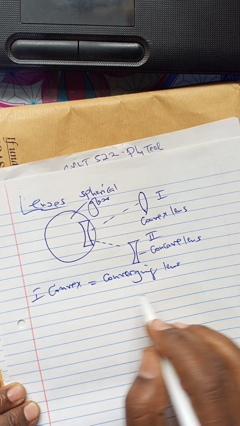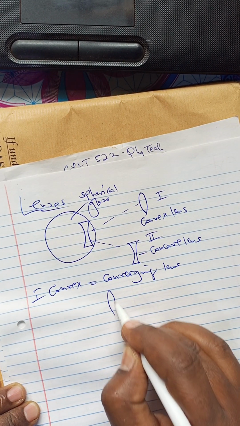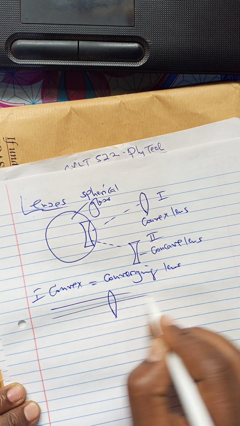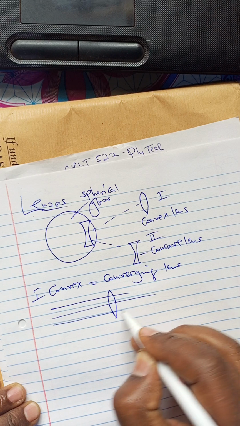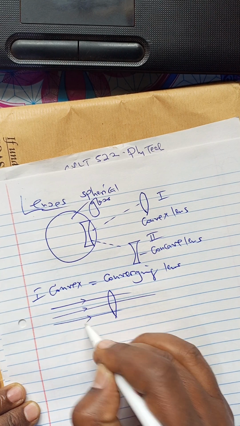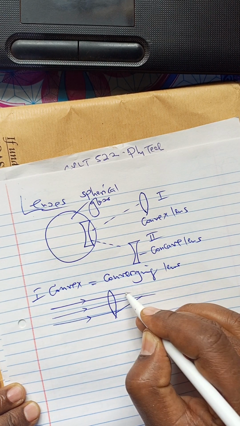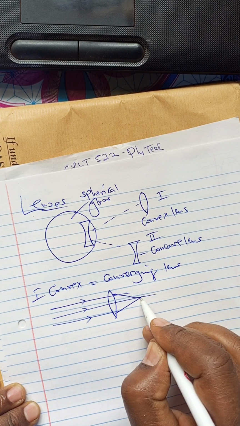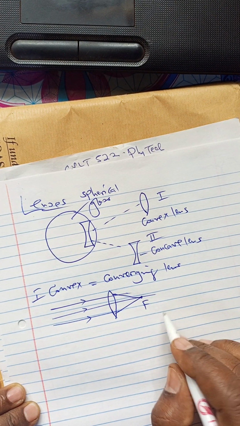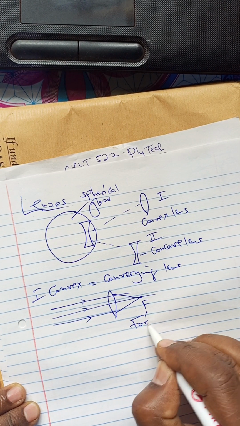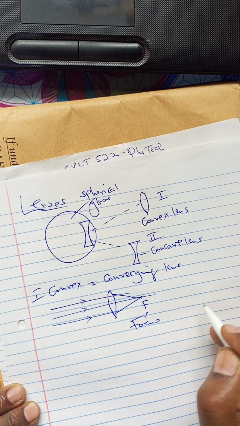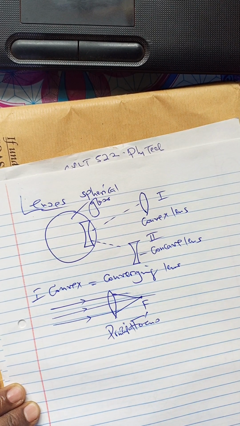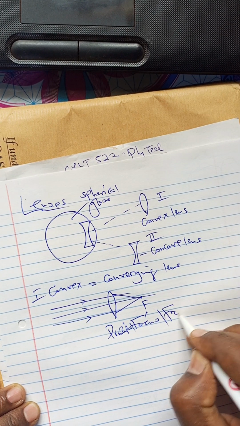Why converging? It is because if you made a parallel beam of light pass through the lens, the rays would converge at a point called the focus, actually the principal focus or focal point.